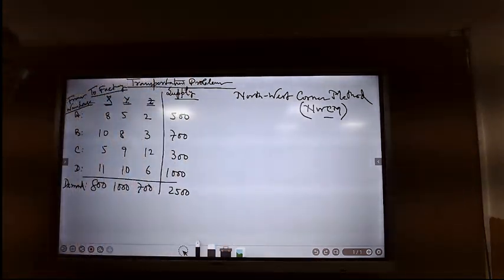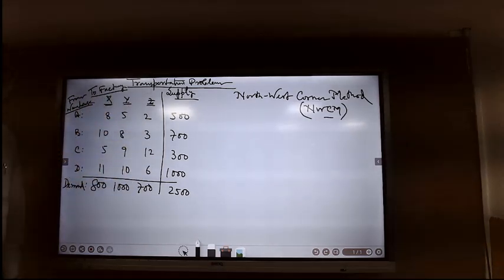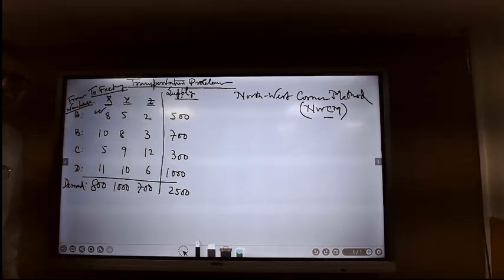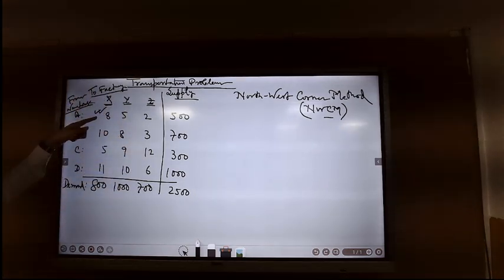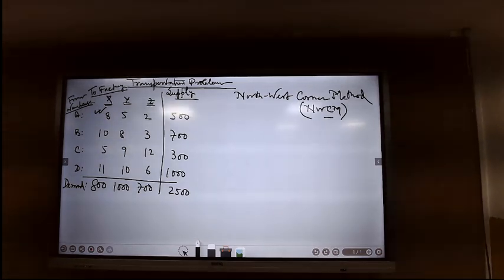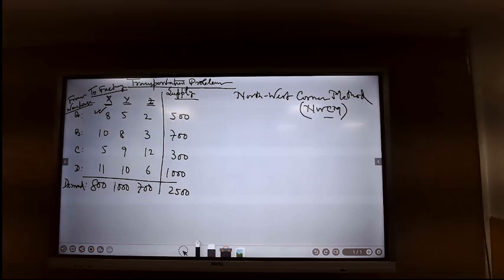So let us see, this is the matrix. Which one is the northwest cornered cell? This one, of the entire matrix, this one, 8. This cell is the northwest cornered cell. So as the name suggests, we have to select this cell bluntly without thinking twice.